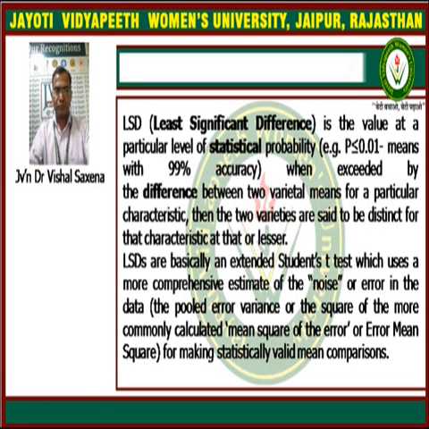So LSDs are basically an extended Student's t-test which uses a more comprehensive estimate of the noise or the error in the data: the pooled error variance, or the square of the more commonly calculated mean square of the error, or the error mean square, for making statistically valid mean comparison.